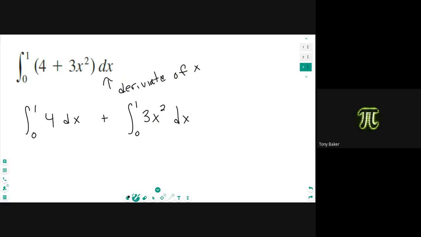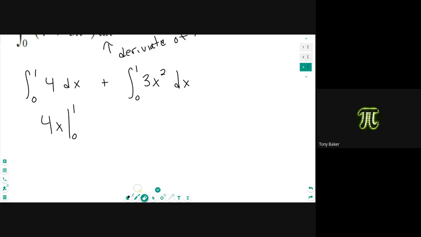So if you remember, if we had the derivative of 4x, that would just be 4 because the x would disappear. So integration just goes backwards. So this is 4x, and we're evaluating it from 0 to 1.